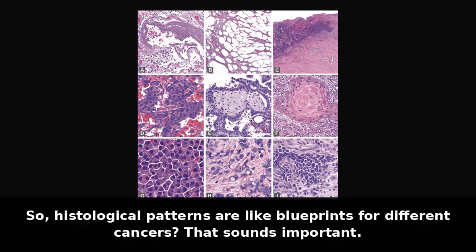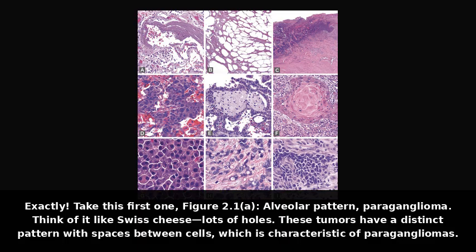That sounds important. Exactly, and take this first one, figure 2.1. Alveolar pattern, paraganglioma. Think of it like Swiss cheese, lots of holes. These tumors have a distinct pattern with spaces between cells, which is characteristic of paragangliomas.